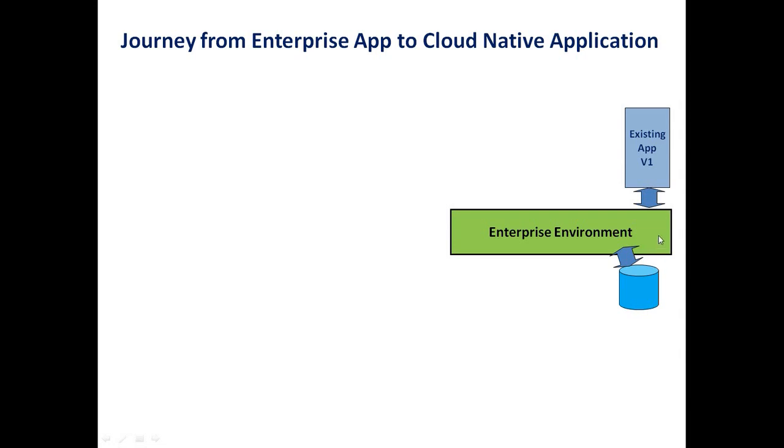So there exists their current application, which is desktop based. We'll look into the exact tiering and the model of a typical enterprise application in a bit. But right now, what we're talking about is, can we make the existing application cloud enabled? We'll talk in a minute about what exactly that means.